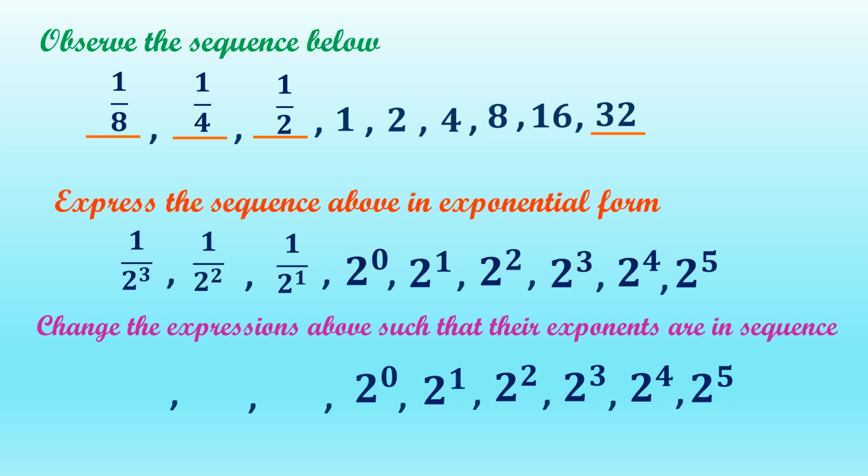So all of them have base 2, and the exponents are in descending order. So 1 over 2 raised to the power 1 would be 2 raised to negative 1. And 1 over 2 squared would be 2 raised to negative 2. And 1 over 2 cubed would be 2 raised to negative 3.